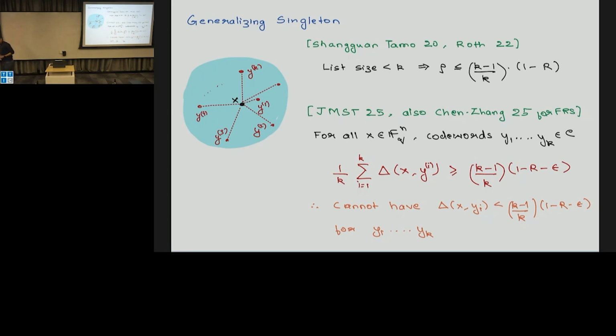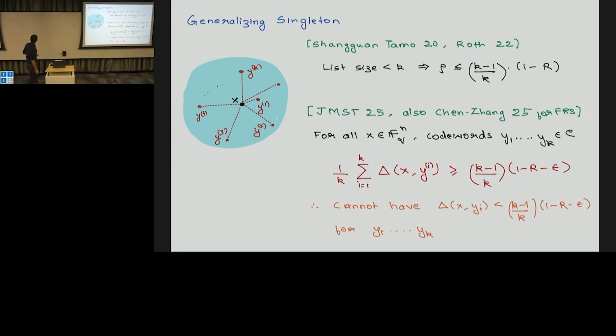And the generalized singleton bound, which was defined recently, says that if you are shooting for a list of size strictly less than 3, then you cannot do better than 2/3 of 1 minus r. Or if you are shooting for a list of size at most 3, then you cannot do better than 3/4 of 1 minus r.